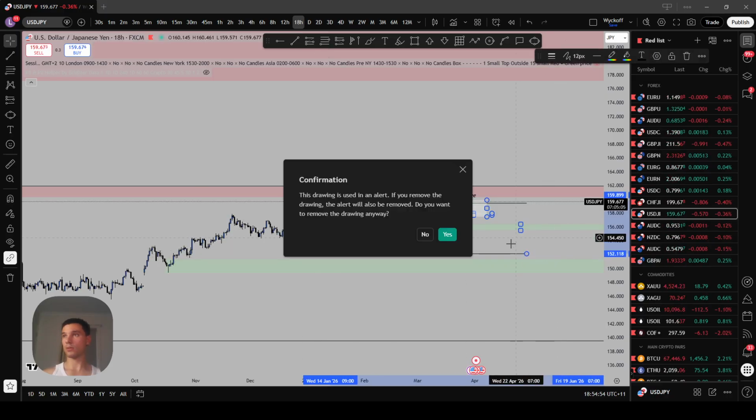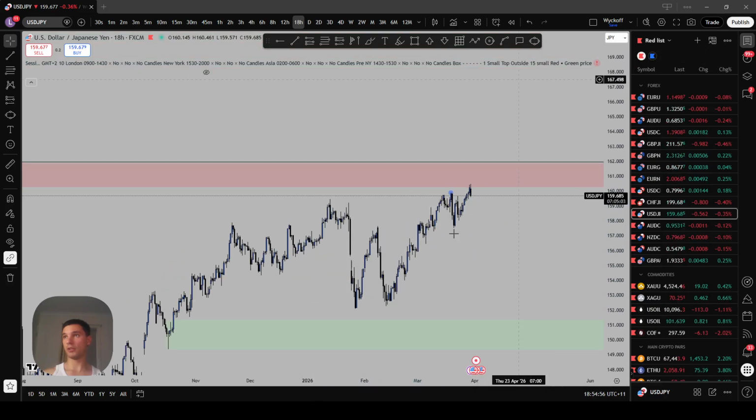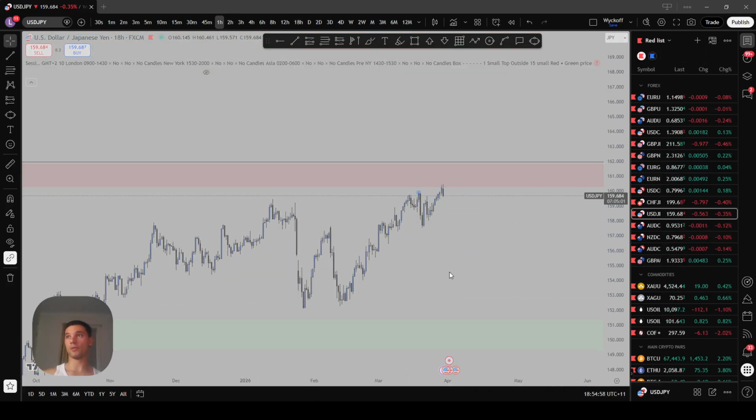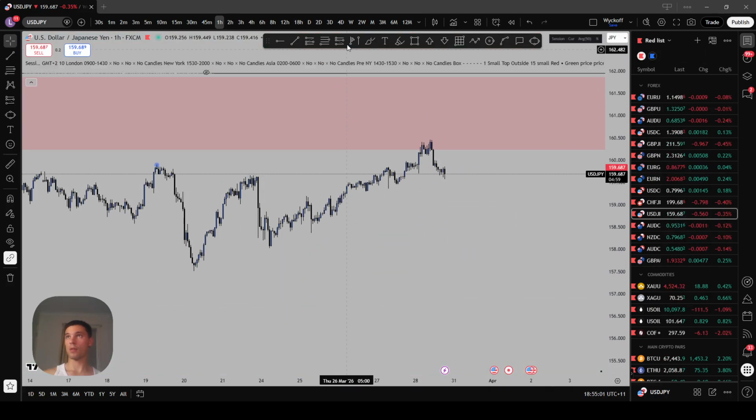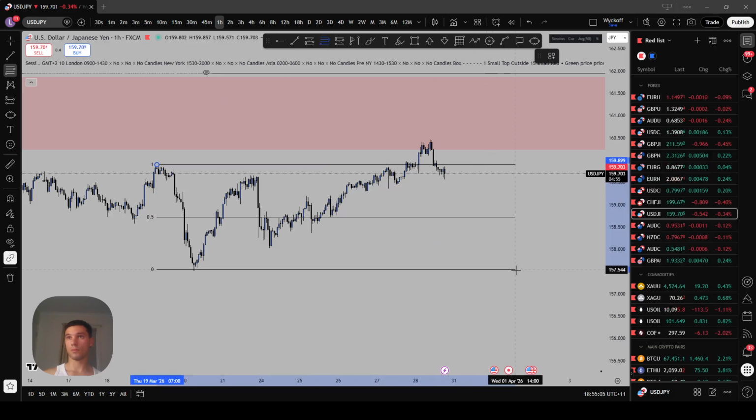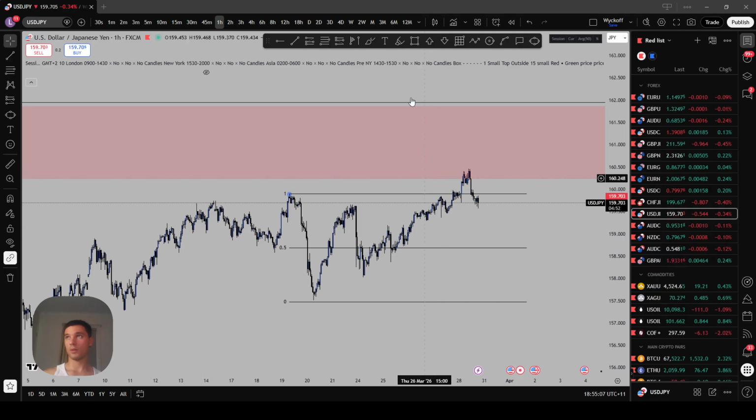I'm actually gonna sack this off completely and just zone into this lower time frame range first. And yeah, see what price decides to do.